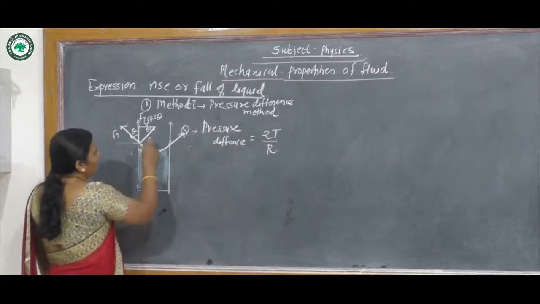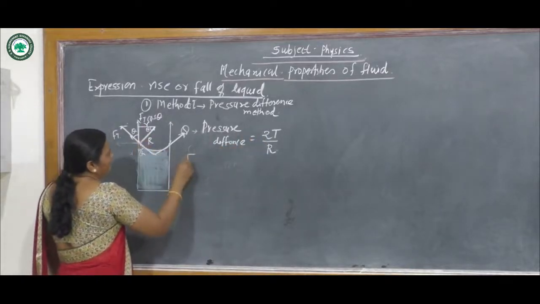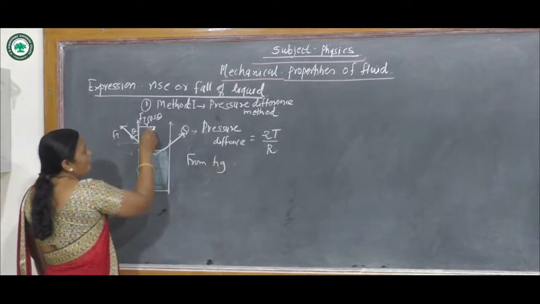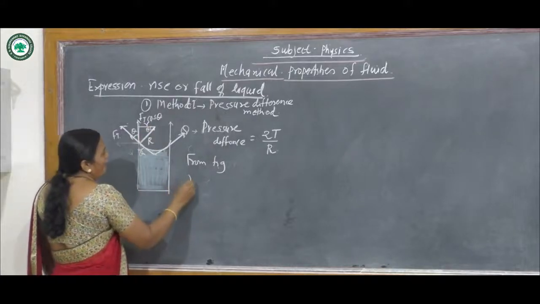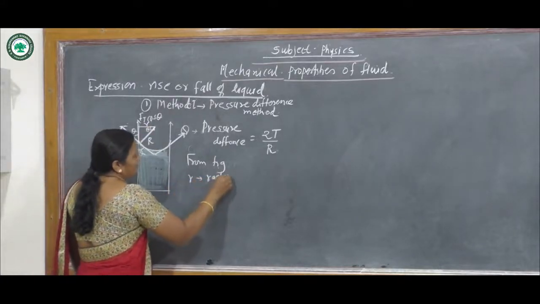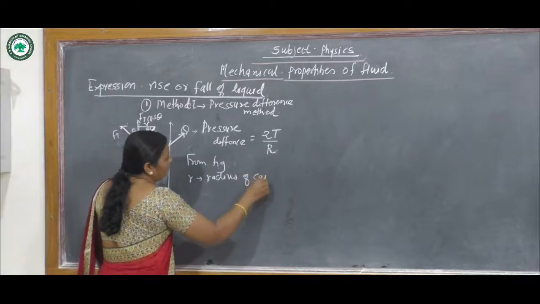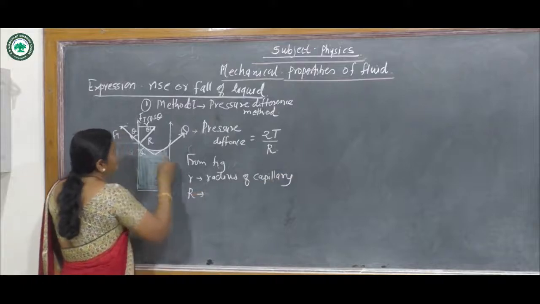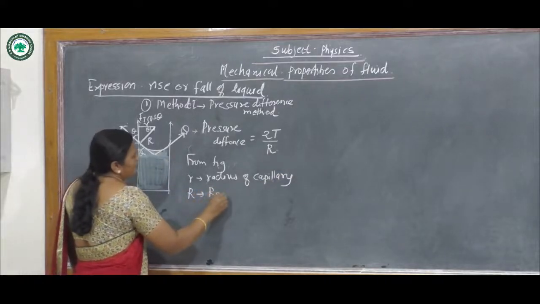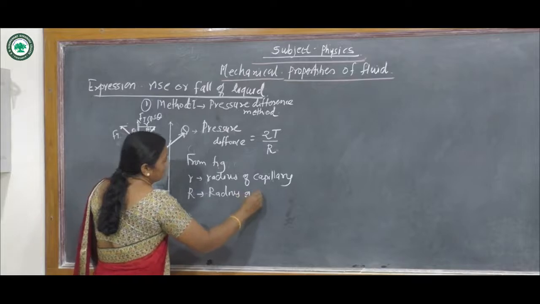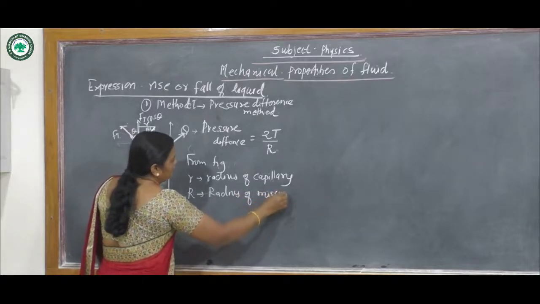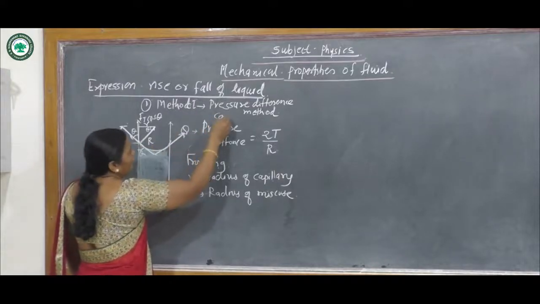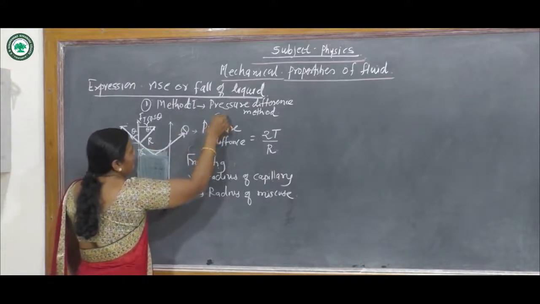Then substitute here, from the figure. See, this is the angle of contact here. Small r is the radius of the capillary tube, and capital R is the radius of the meniscus. It is the concavity. The surface is concave.